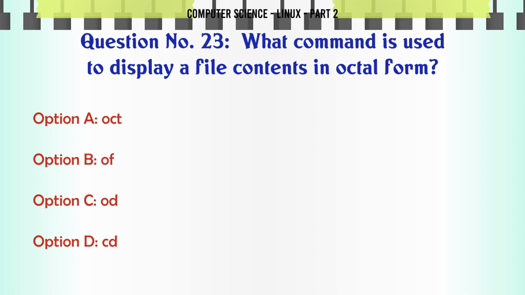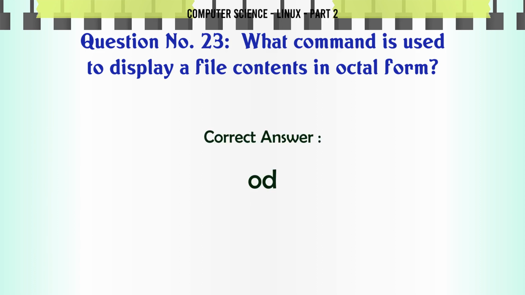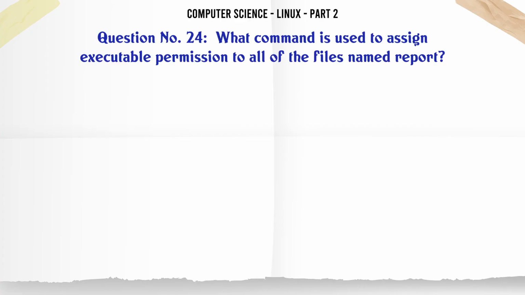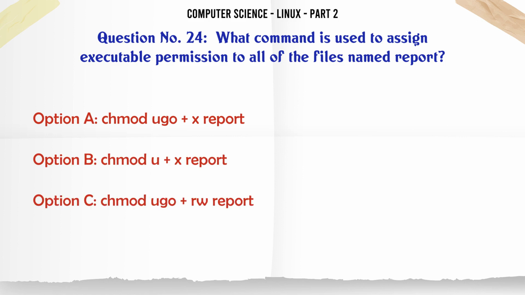What command is used to display a file's contents in octal form? A. october, B. off, C. od, D. cd. The correct answer is od. What command is used to assign executable permission to all of the files named report?